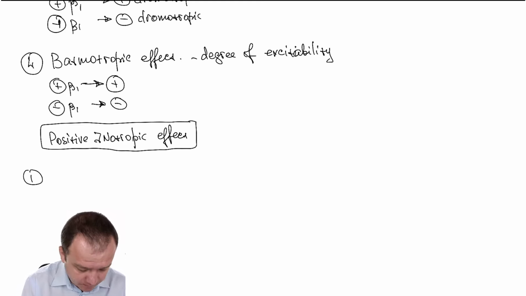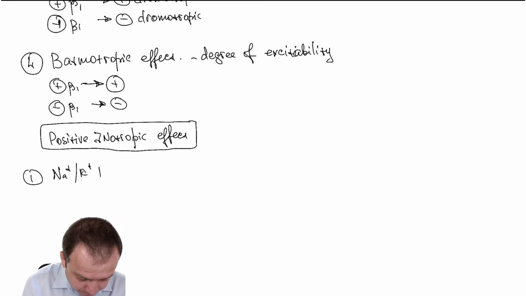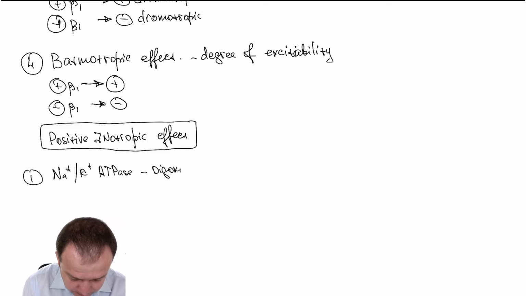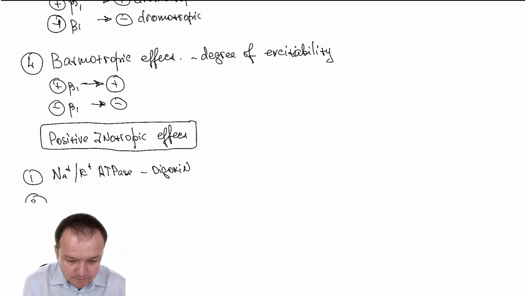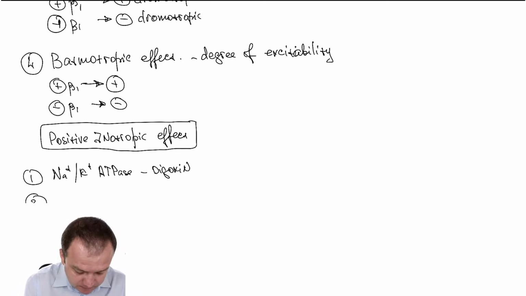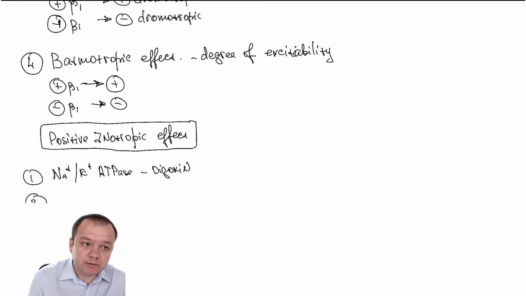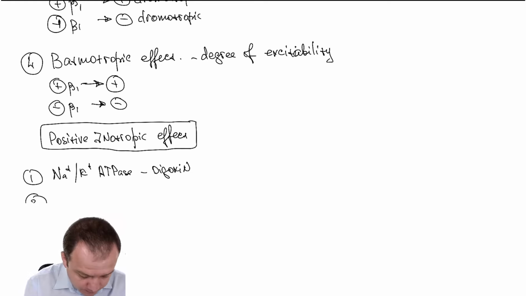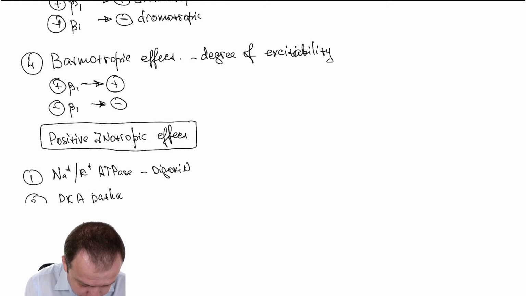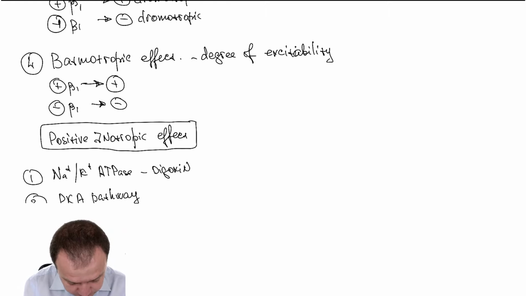Most likely you know them, like digoxin, and digoxin blocks sodium-potassium ATPase and increases cardiac contractility. Second one is the action related to the protein kinase A pathway. And the first one is beta 1 adrenergic receptor stimulation.